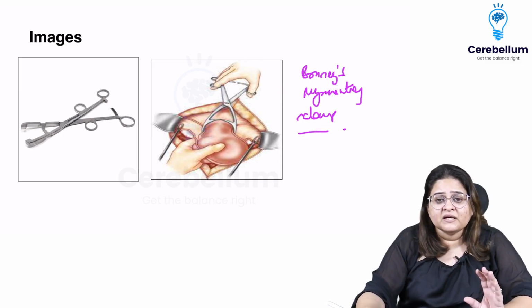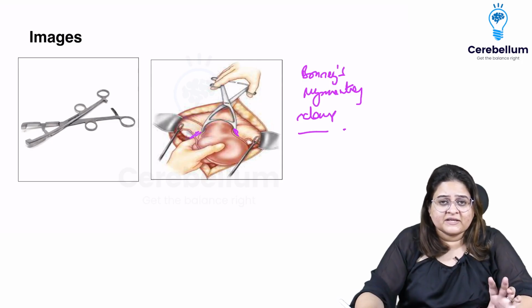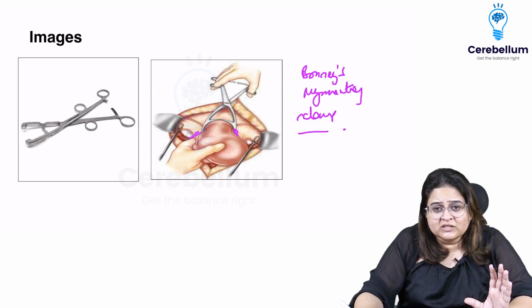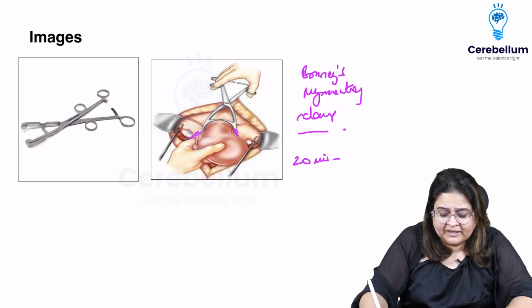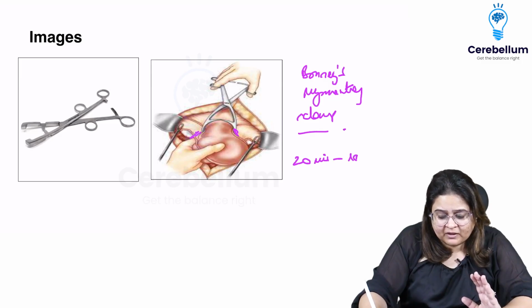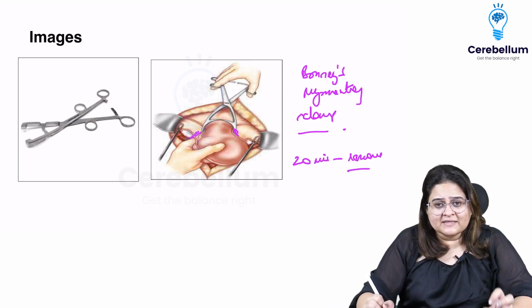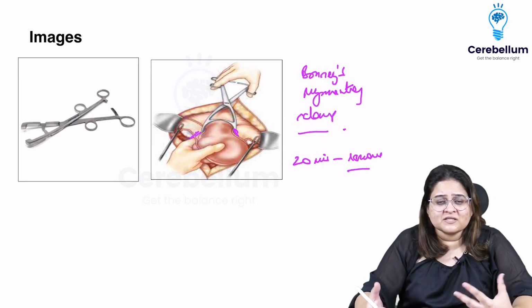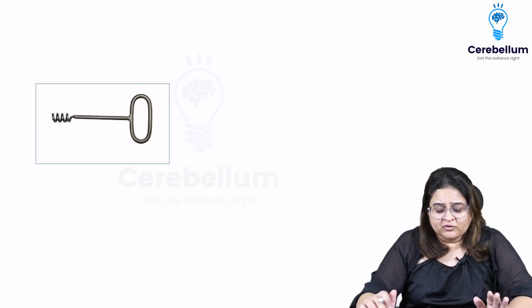One of them is clamping the uterine arteries using this device, which is used to temporarily occlude them. We apply it for 20 minutes, then remove it, because we don't want to cause uterine ischemia. While this clamp is in place, quickly do your myomectomy and then release it, so that the uterus regains its blood supply. Then again clamp, then again do your surgery. So this reduces the amount of blood loss.